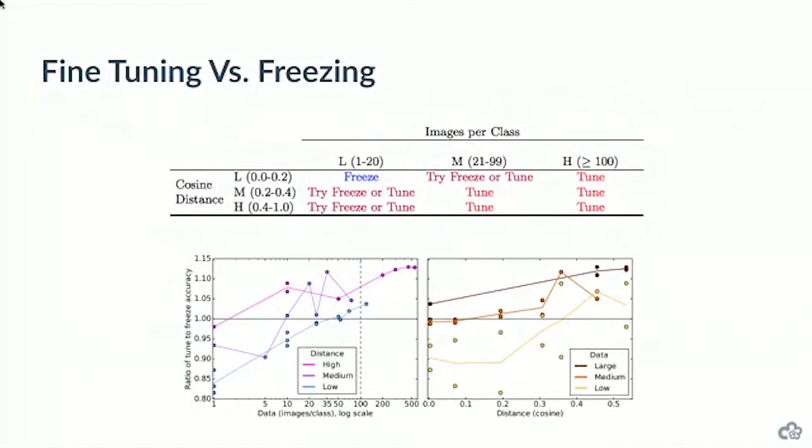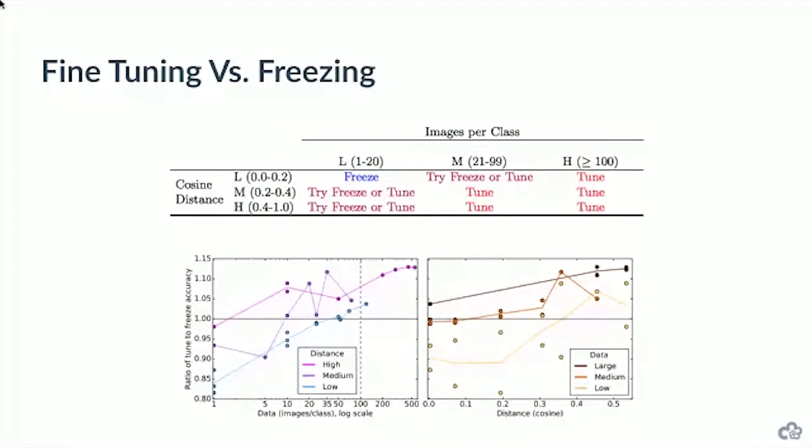Basically what they found was that when you have a really small amount of new data and your new data is really close to your original large data set, you should typically use freezing. And when your data is really different, or when you have lots of examples of the new images, then you should definitely do fine tuning. So it's kind of a continuum.